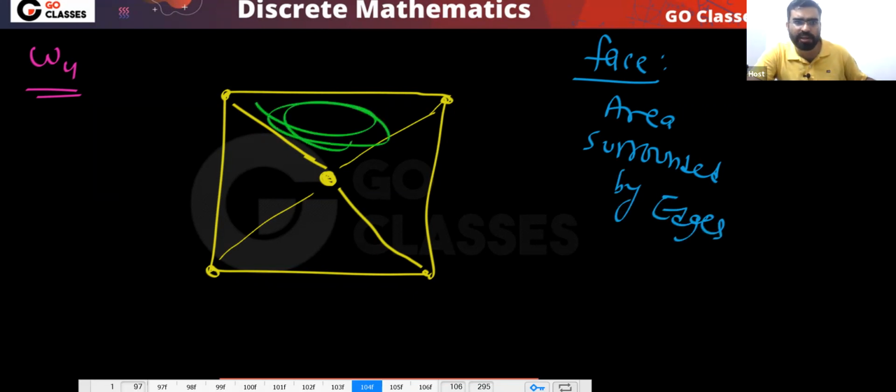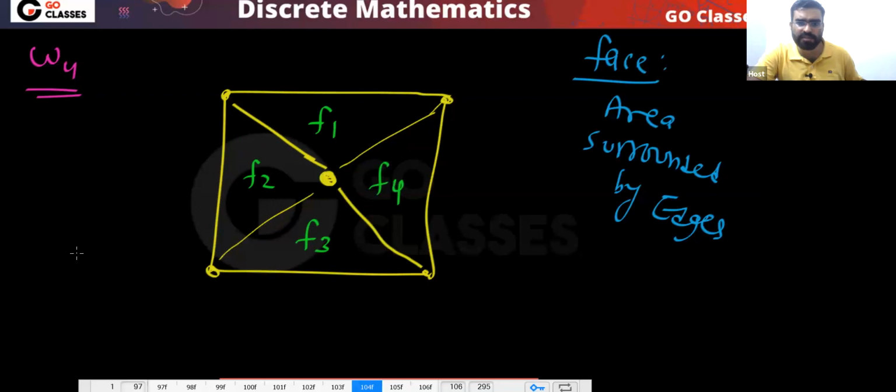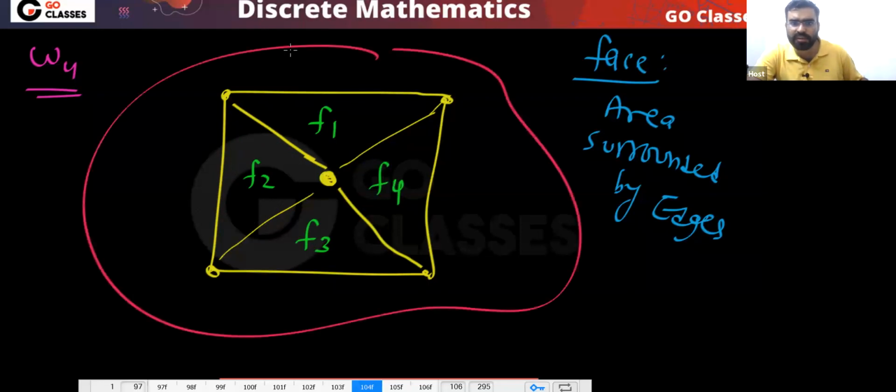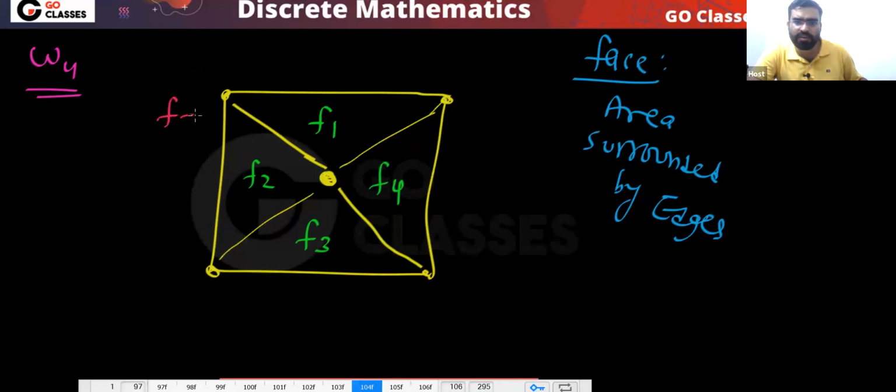Like this is an area surrounded by edges, so I can say this is face 1. This is another area surrounded by edges, face 2. Face 3. Face 4. And this is the outer face, face 5. So in total you have 5 faces.